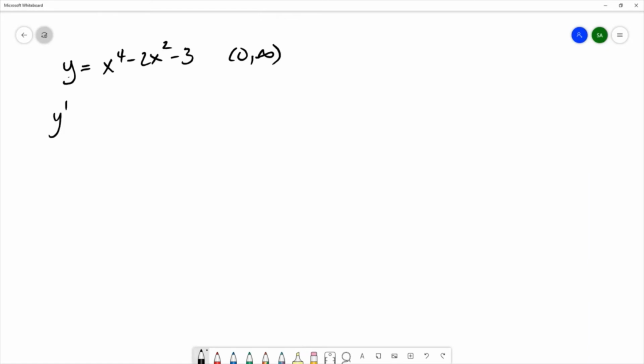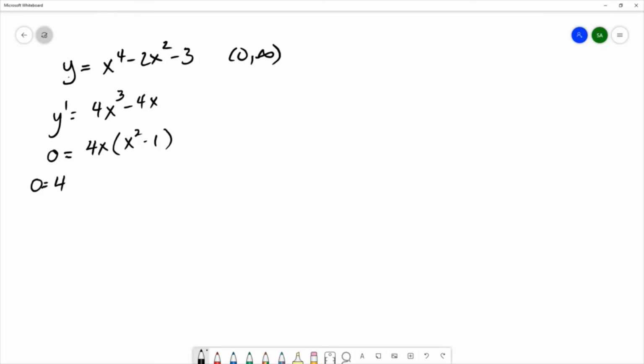So we'll calculate the derivative and get 4x cubed minus 4x. Set that function equal to 0. And I have a greatest common factor of 4x. When I factor that out, I get 4x times x squared minus 1.